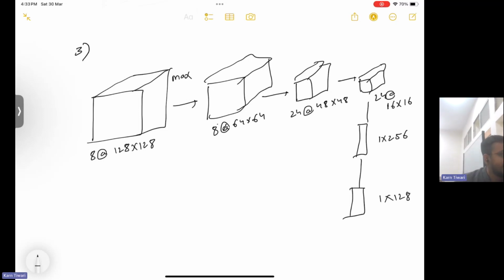What's the dimension of the individual filter in the initial layer? Since the stride is one, to find the dimension of the filter, we go from 128 cross 128 to 64 cross 64.